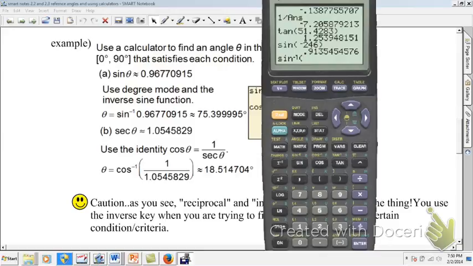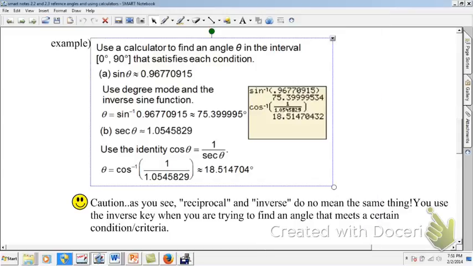It does not mean reciprocal. It means inverse sine. So inverse sine of 0.96770915. See, you're looking at about a 75-degree angle, and you see that there on the answer key, 75.4. All right? Now, let's do a little translation here on this one.